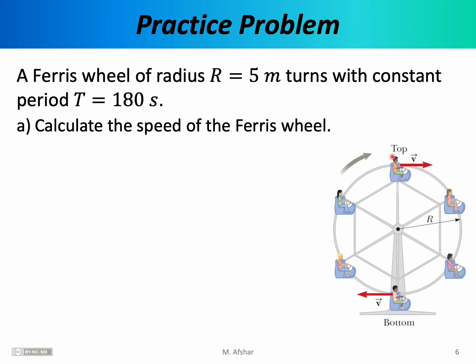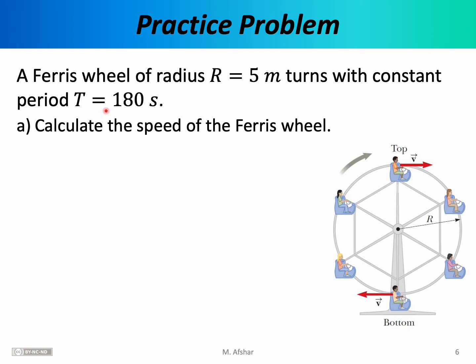So we have a Ferris wheel, and each passenger riding this Ferris wheel is going to be executing circular motion. Each one of these passengers is going to be moving basically along the circumference of the Ferris wheel as the entire wheel rotates. The radius of the Ferris wheel is 5 meters, and the period of rotation is 180 seconds.